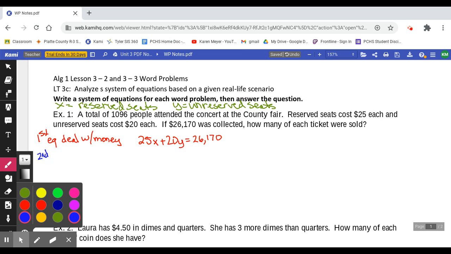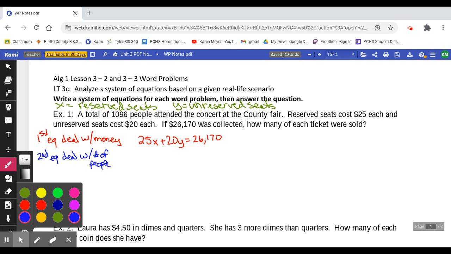Now my second equation, instead of dealing with money, is going to deal with number of people. And if I used a number in my first equation, I am not allowed to reuse that number in my second equation. You can only use the numbers in one of the equations, not both.